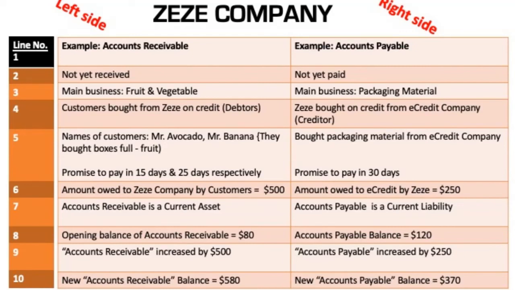And now, because of this packaging material Zeze company is buying from e-credit company for $250, the new accounts payable balance is $370.